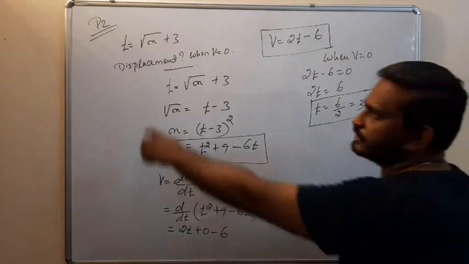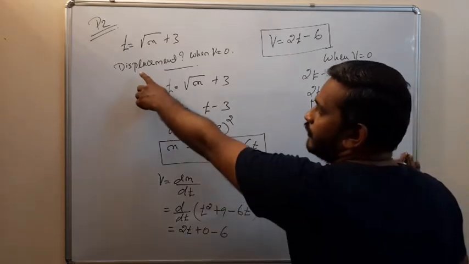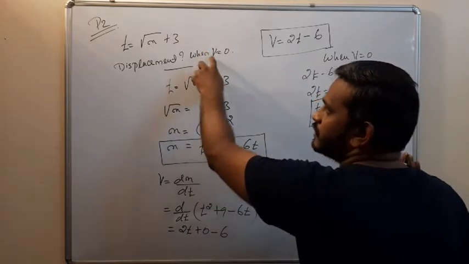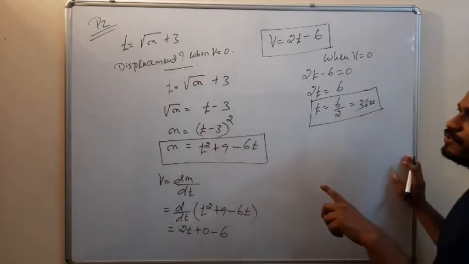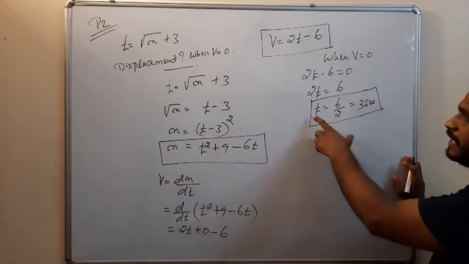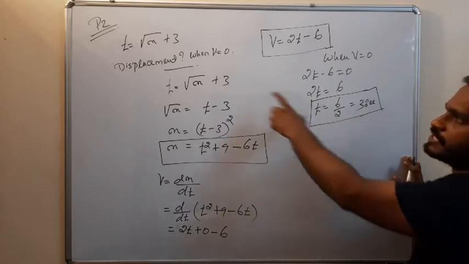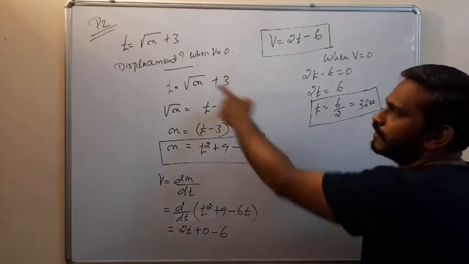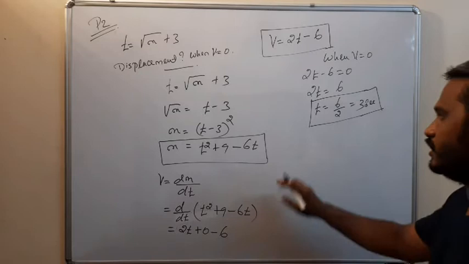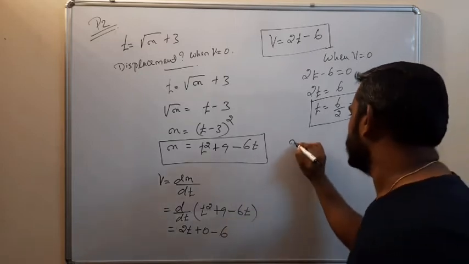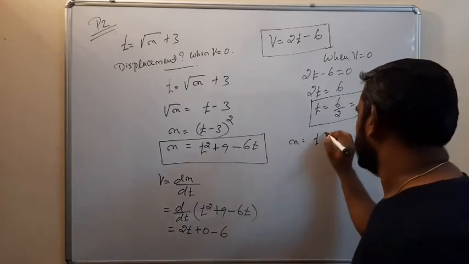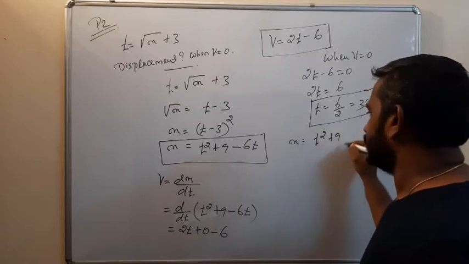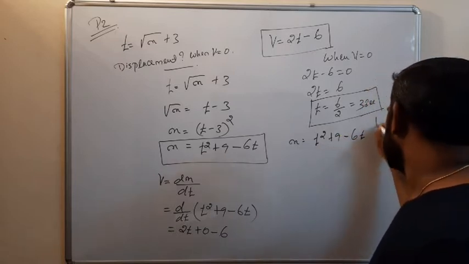What is asked in the question is to find the displacement when v is equal to 0. When v is equal to 0, the time t is equal to 3 seconds. At that time we have to find the displacement. So the displacement x is equal to t square plus 9 minus 6t.